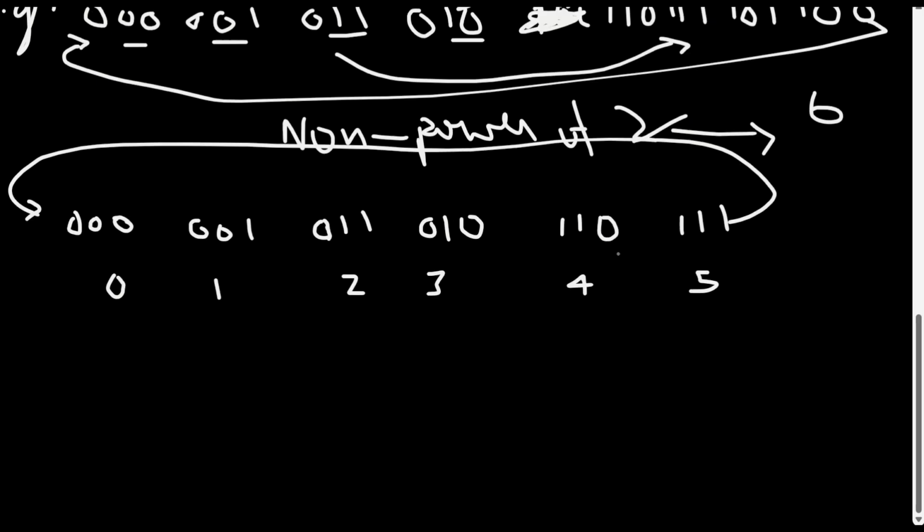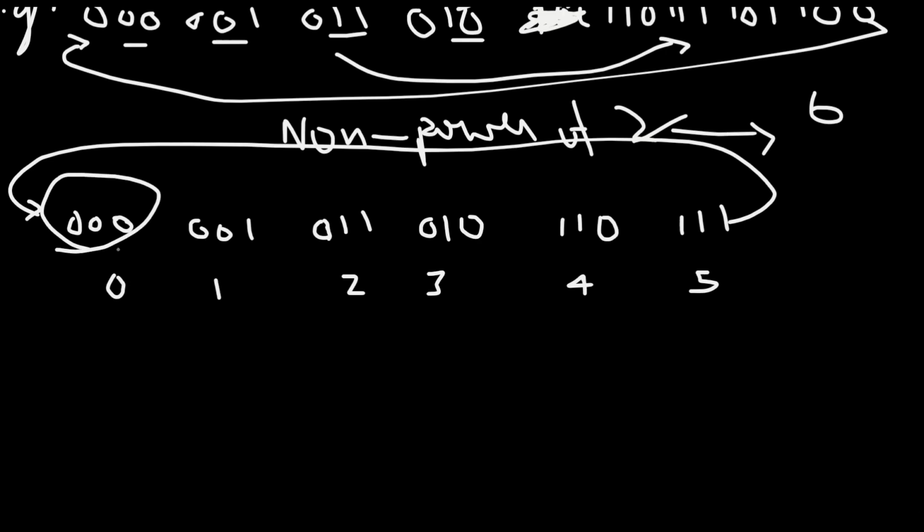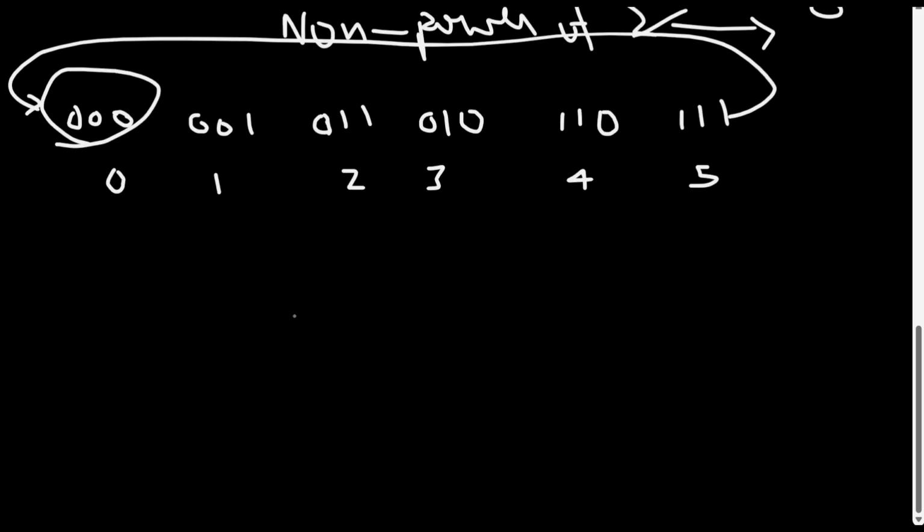So how do we resolve this? The problem here is because it is starting from 0. So we will try to shift this 0 to 5 in such a way that the distance just becomes 1. We have a formula for the same.